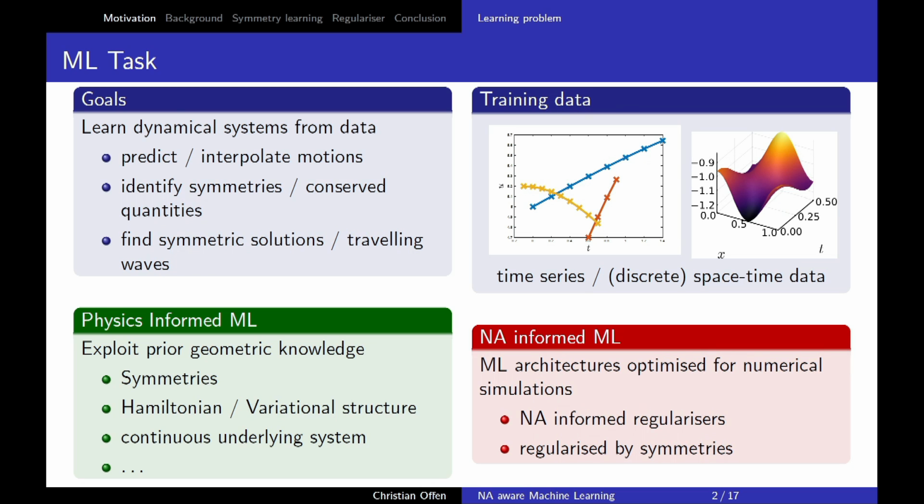For this, we will develop regularizers that are numerical analysis informed. So this makes the system take a representation that is very good for numerical aspects. And we do more regularization by developing regularizers that push the model of the dynamical system into a symmetric representation.